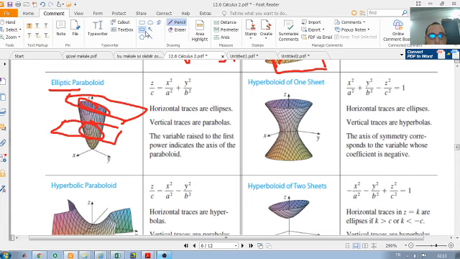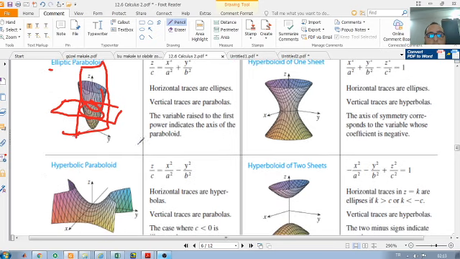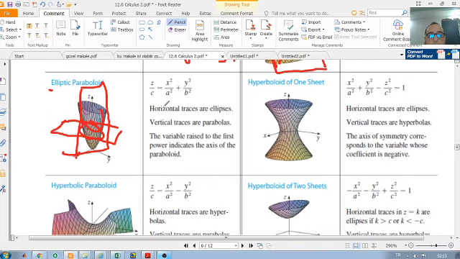If you intersect the graph of the elliptic paraboloid with a vertical plane like this, okay, a vertical plane, you will obtain parabolas. So the variable raised to the first power indicates the axis of the paraboloid.